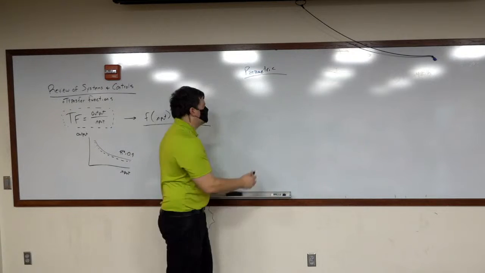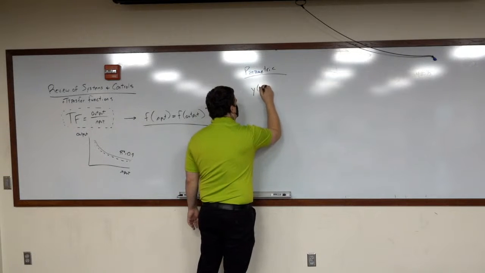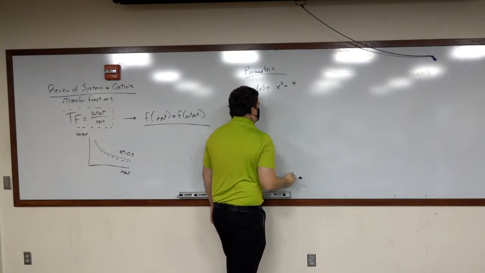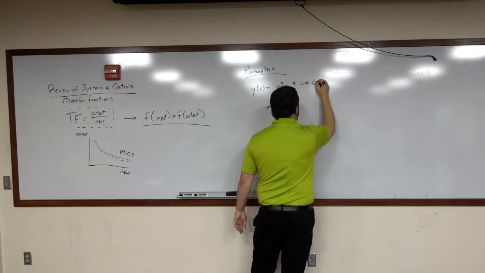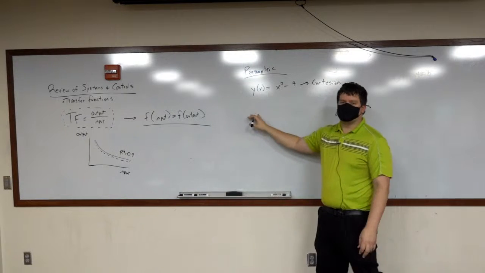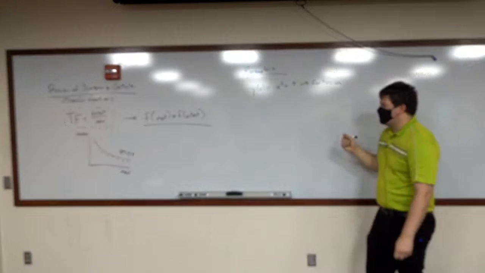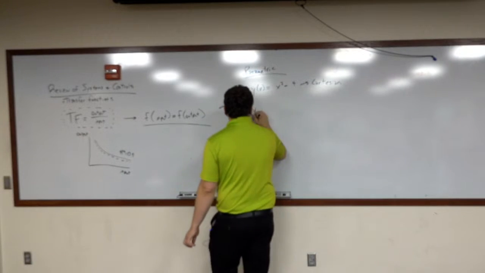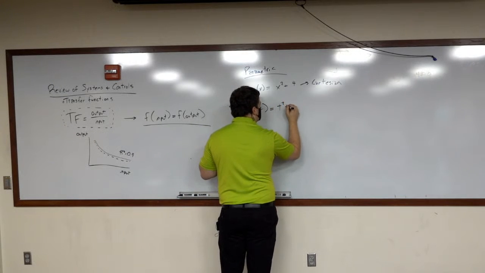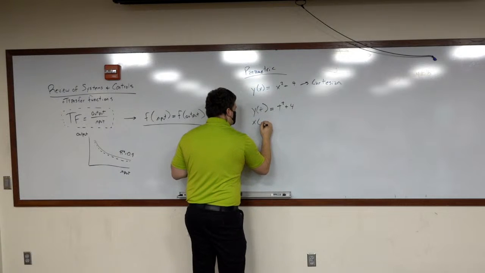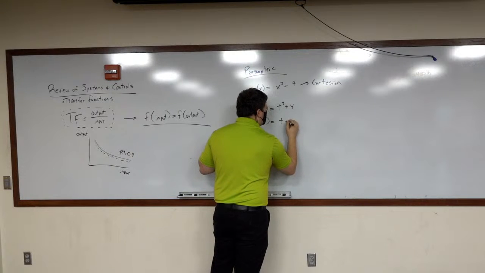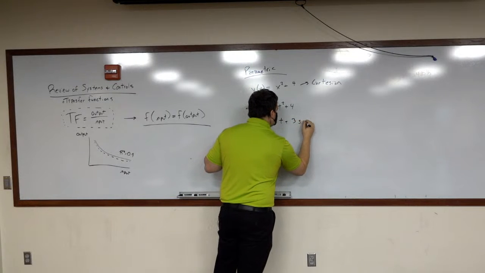So we're used to the Cartesian y of x equals x squared plus 4 or something like that. This is Cartesian because y can be put directly in terms of x. In parametric equations, you have a function y of t equals t squared plus 4, but then you also have x of t equals t plus 3 sine t or something like that.